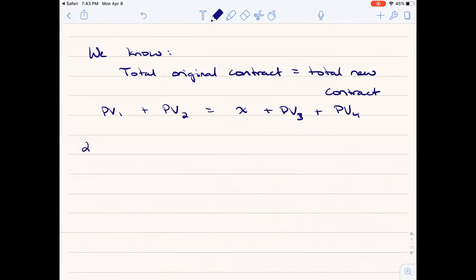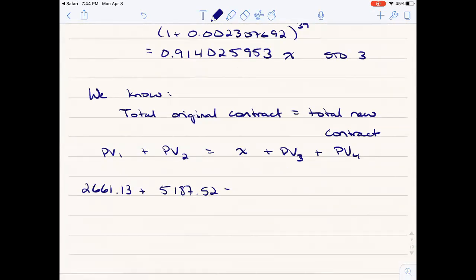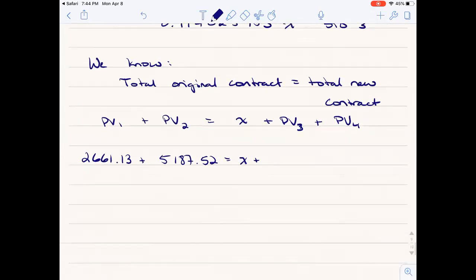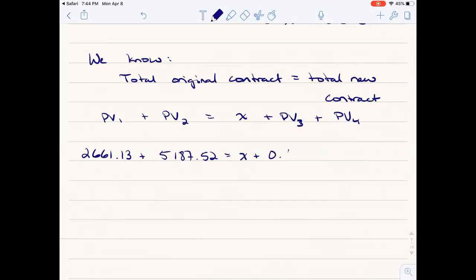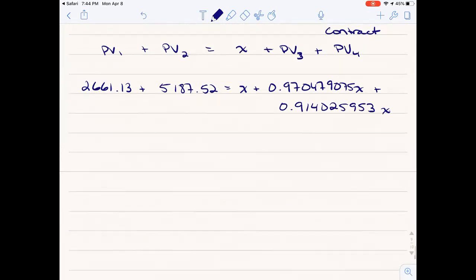So we have 2,661.13 plus 5,187.52. Just double checking here. Must be equal to x plus 0.970479075x plus 0.914025953x.